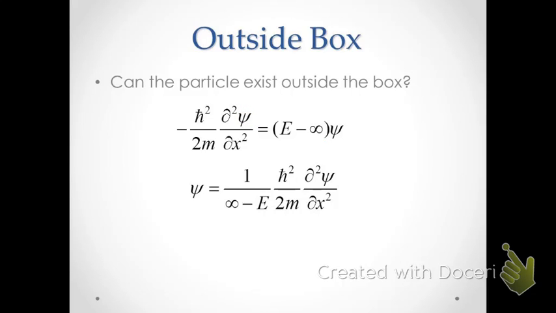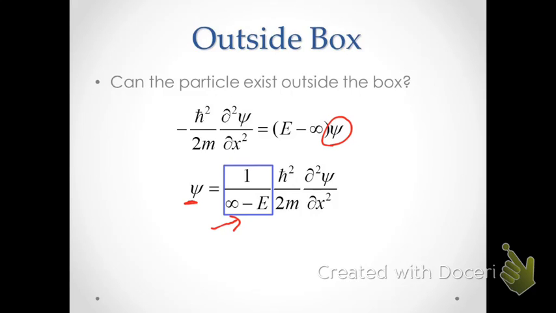Now, if we simply rearrange that equation to solve for our wave function, then we have this expression that you see here. And let's look at the first term. It's 1 over infinity minus E. Well, infinity is infinity and E is insignificant in comparison.